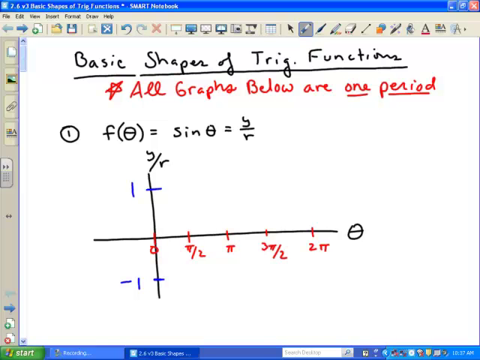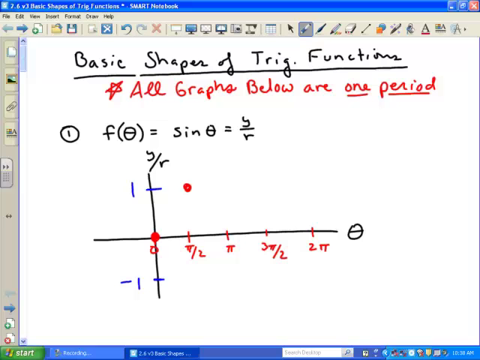You can make a t-chart using these values of theta, plug them into sine, and figure out the corresponding value of y over r. When you plug in the angle measure of 0, you get that the sine value is also 0. If you plug in pi over 2, the value you get out for sine is positive 1.